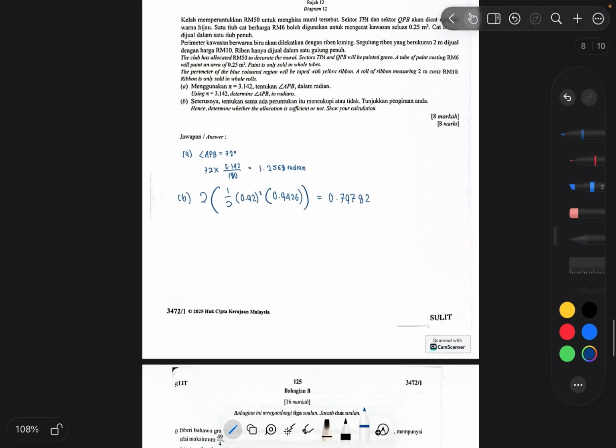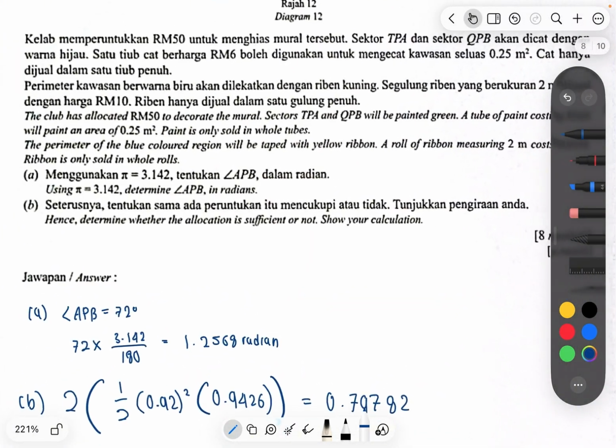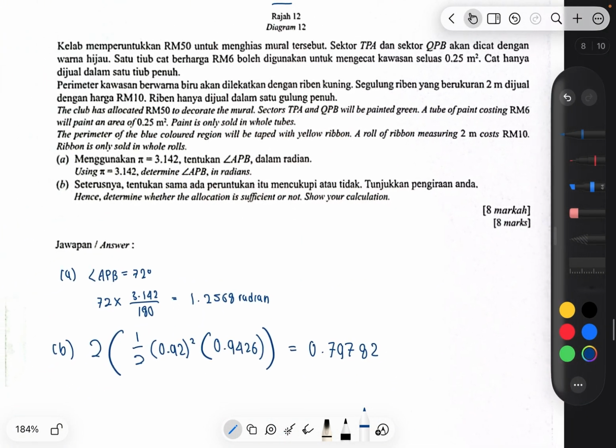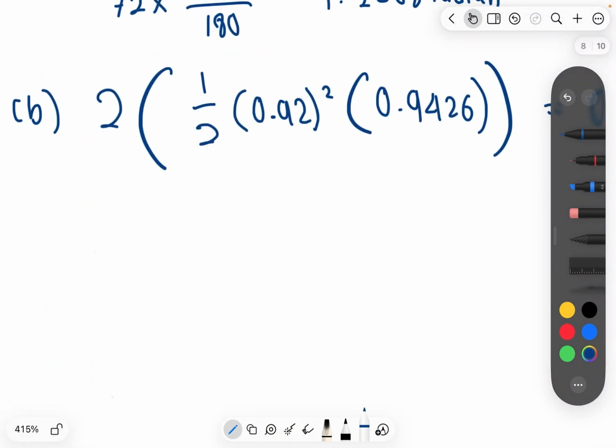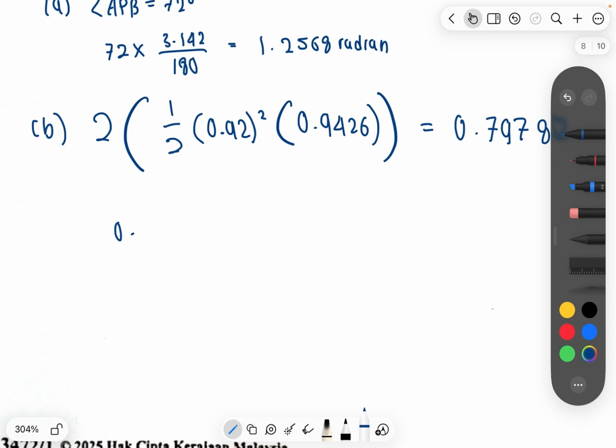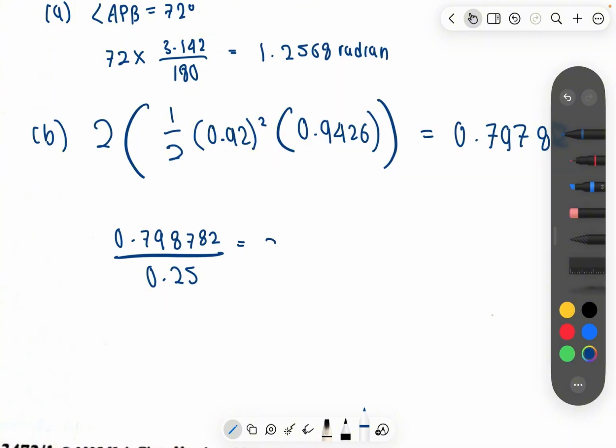Okay, so next is the ingredients. A tube of paint costing RM6 will paint an area of 0.25. So take 0.7988782 from earlier over 0.25. 0.7988782 divided by 0.25, and I get 3.195.